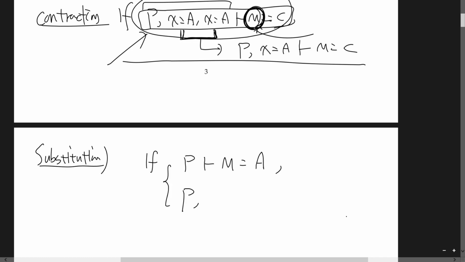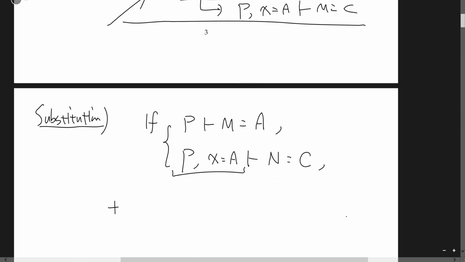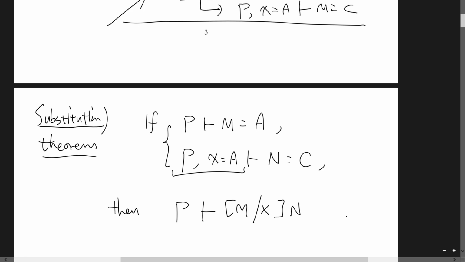And now you extend the typing context with a variable x of type A. And under this extended typing context, you have a proof term N of type C. Then the substitution theorem, this time we will call it substitution theorem. Then you may substitute this M for variable x inside this proof term N, and still you have the same type C.